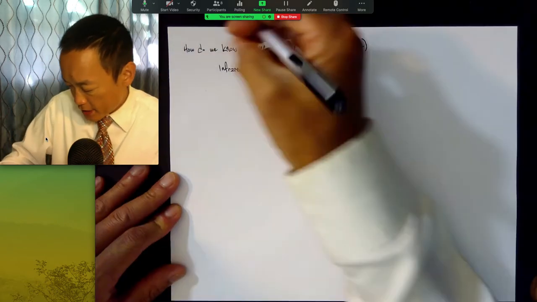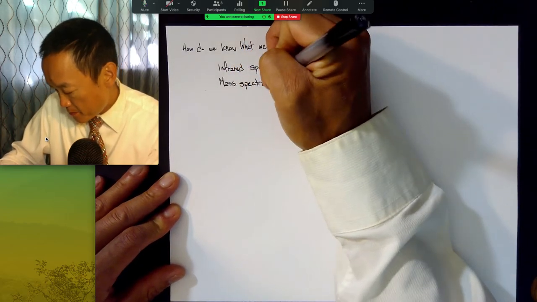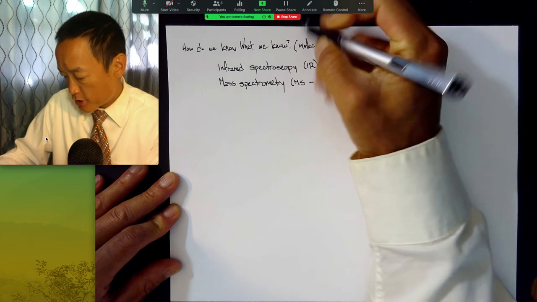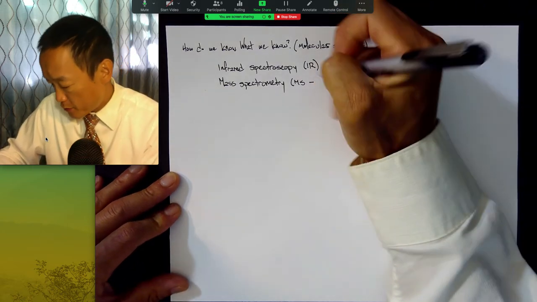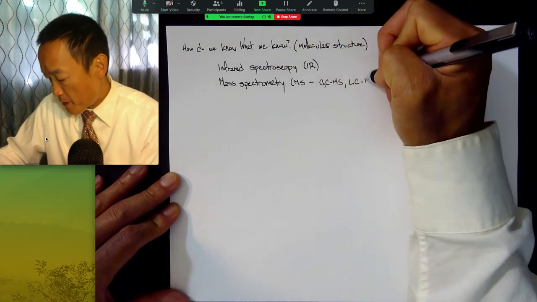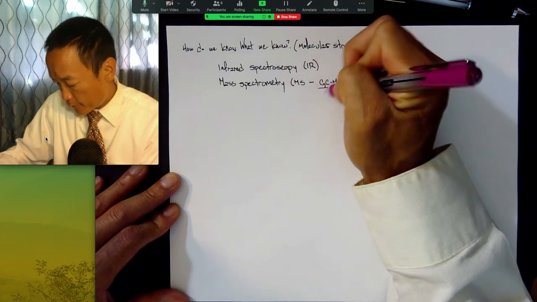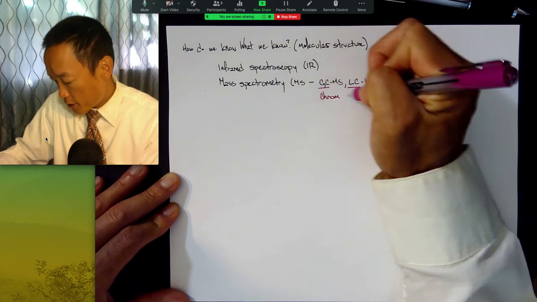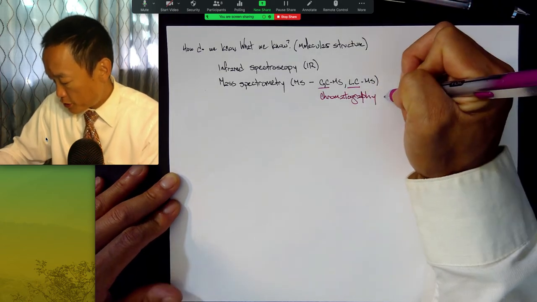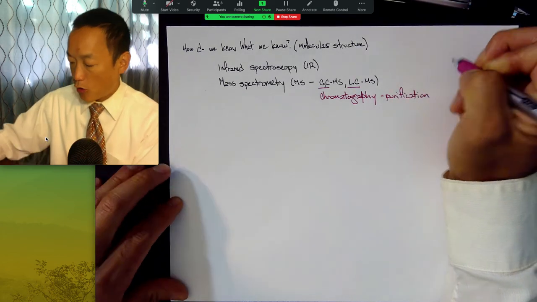We will be looking at mass spectrometry, okay, MS, and there's some variations of this. You could add chromatography in front of this, so maybe you'd see GC, MS, or LC, MS, as different types of things, but this is just some sort of chromatography, which is purification, that precedes the actual measurement of the mass.